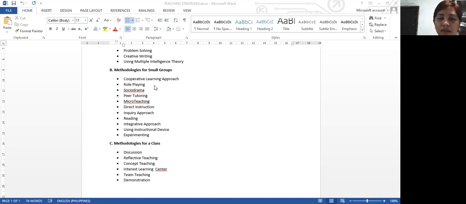So going back, like what I've said, all of these methodologies mentioned here are usually used in imparting knowledge to the students, because this is small group, and when it comes to small group, the teacher can give full attention to the students, for the students to be able to learn a particular skill, because they have this focus.